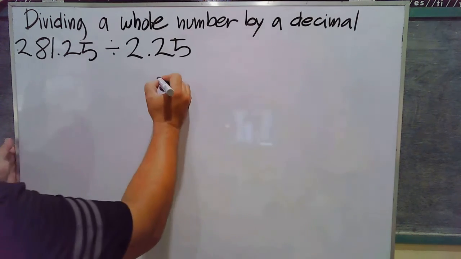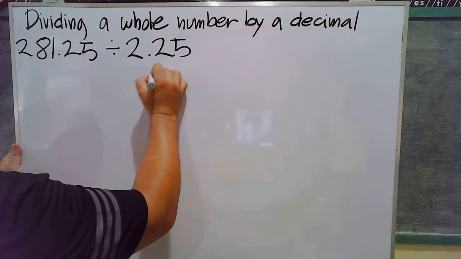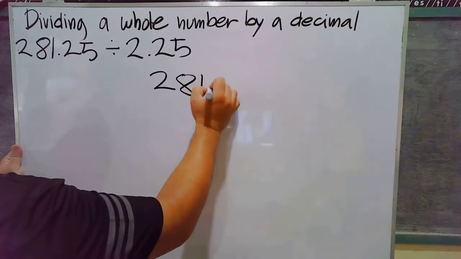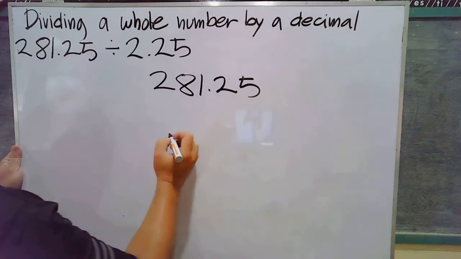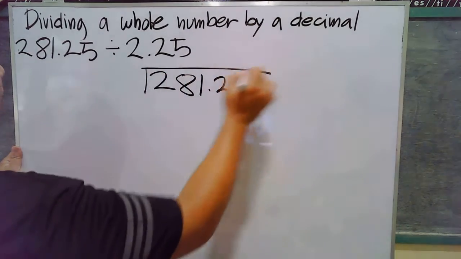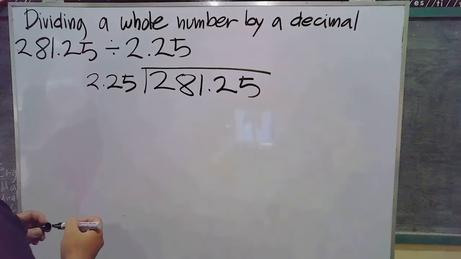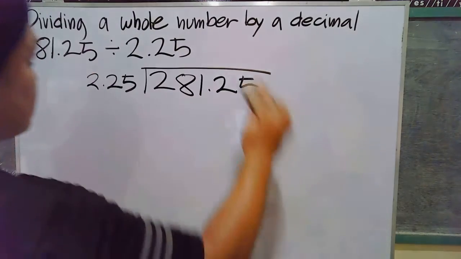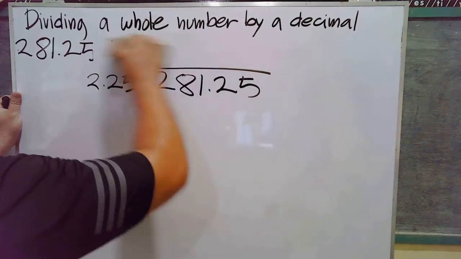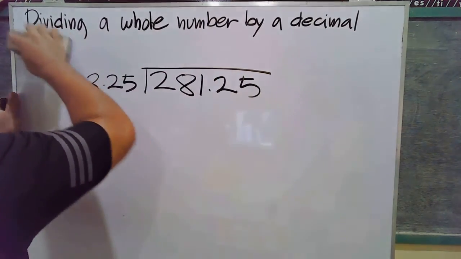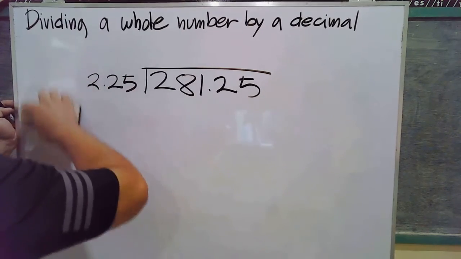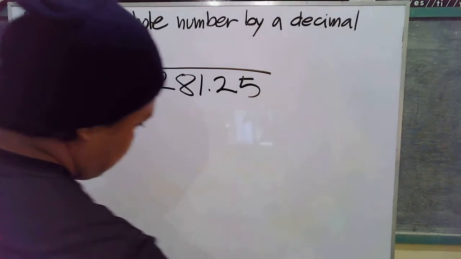First, let's arrange them. 281.25 here for our dividend, and for our divisor that's 2.25. It's the same process.